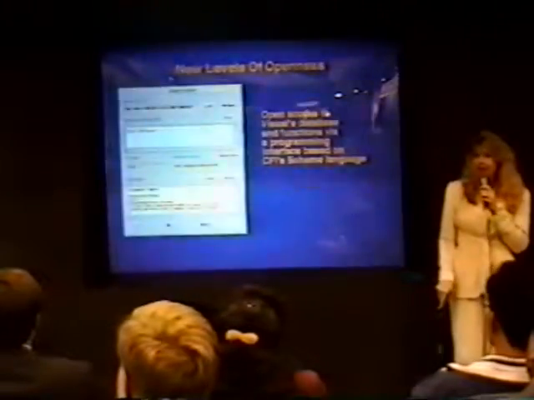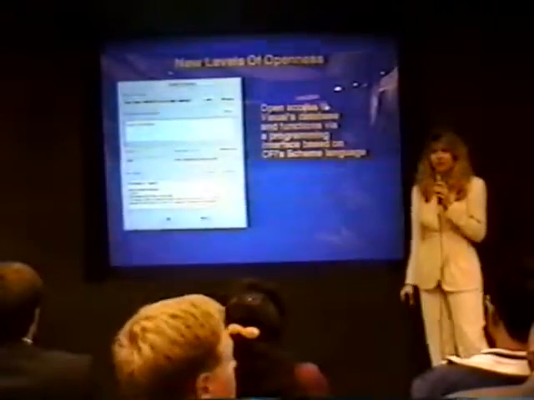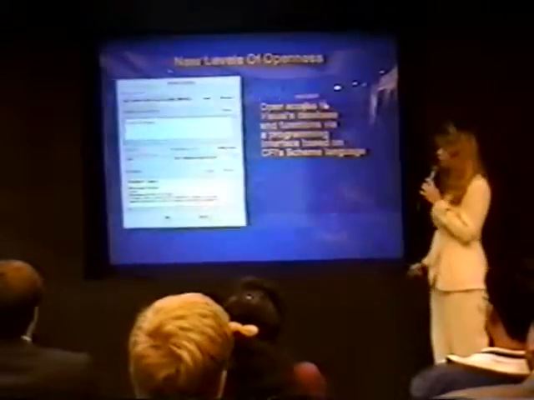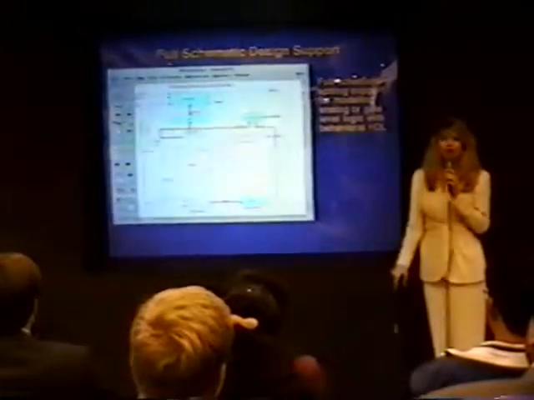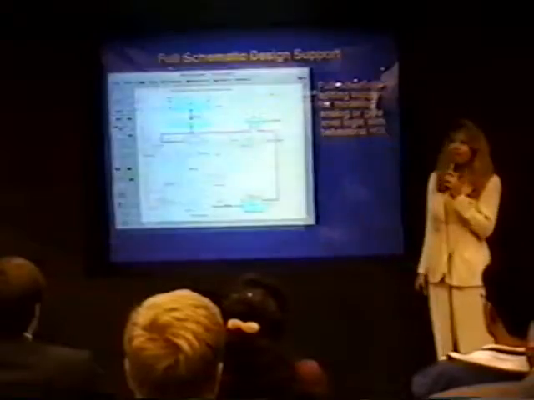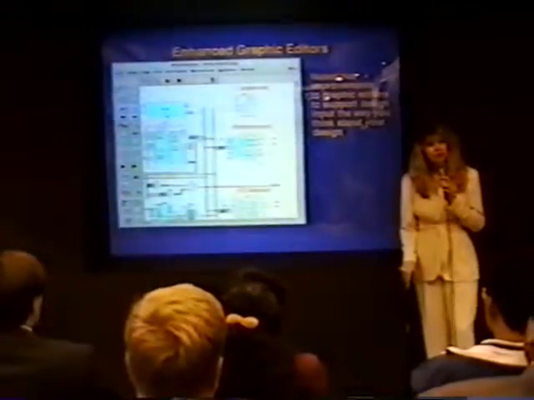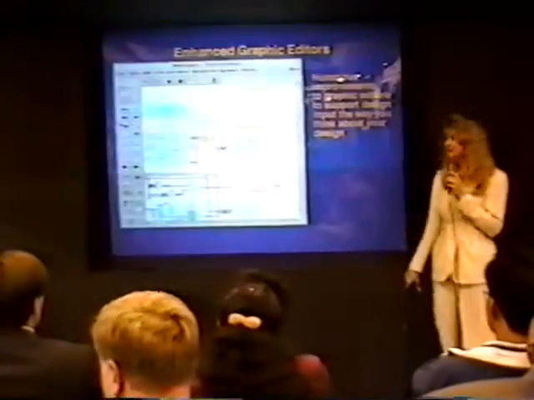Open access to our database with a programmable interface and extension language. Full schematic design support to model analog or gate-level logic. And numerous other improvements to the graphic editors to better handle multiple levels of abstraction.